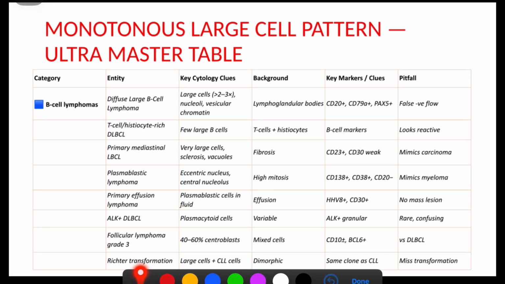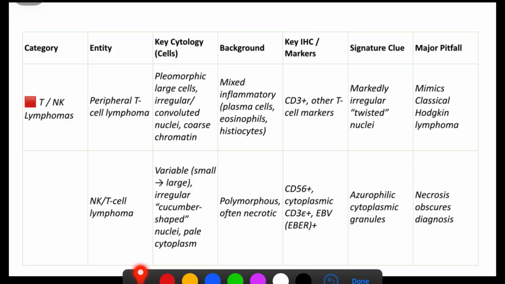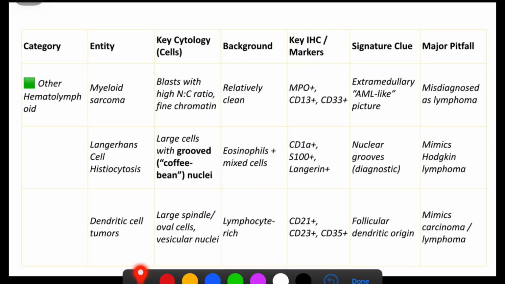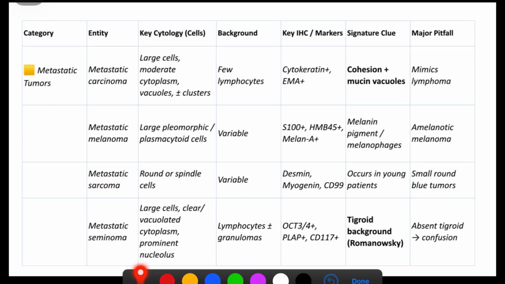So these are some of the ultra master tables, which include B cell lymphomas and their entities, the key cytological clues, background and key markers and pitfalls, along with the T cell lymphomas as well as hematolymphoid patterns and metastatic tumors. So go through this table and remember, monotonous large cells don't give the diagnosis, but the pattern and markers do.